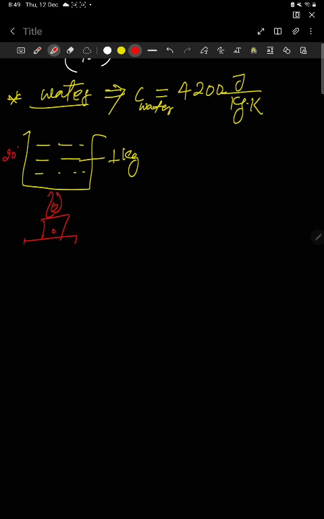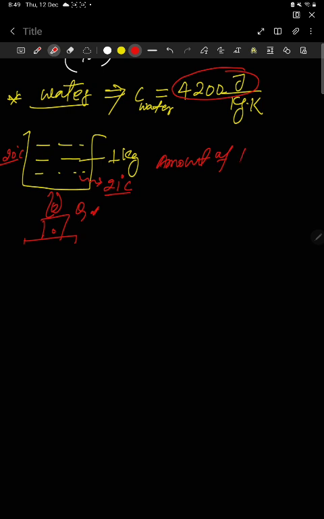Suppose its initial temperature is 20 degree Celsius and I have to increase it to 21 degree Celsius. The amount of heat energy required to raise its temperature by 1 degree Celsius is how much? 4200 joule.